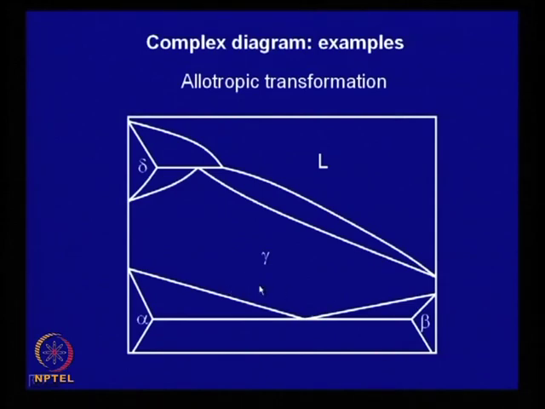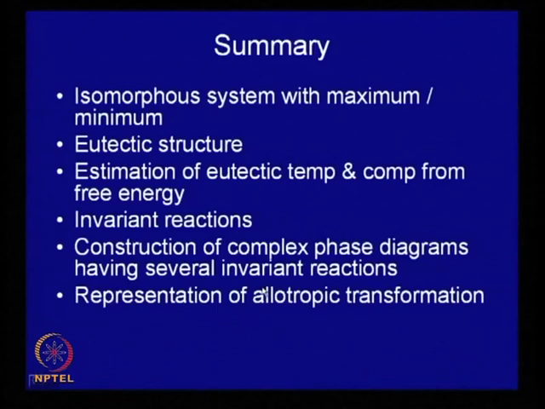Now, with this we have looked at several types of phase diagrams. We have looked at isomorphous systems, and we also looked at some variations of isomorphous systems, like one showing a maximum, another showing a minimum. We looked at eutectic structure.